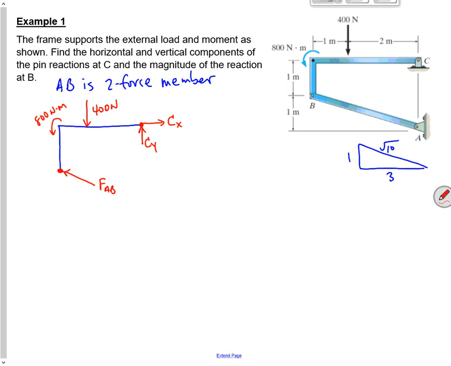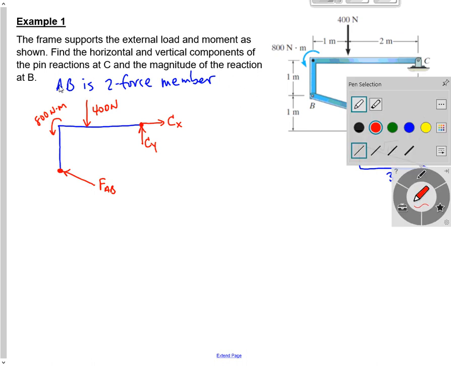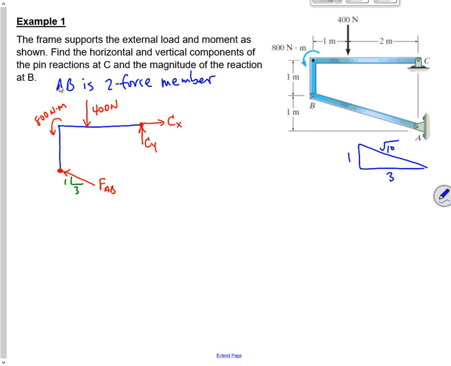So I could put a triangle, this side's 1, this side's 3, to remind me what that triangle looks like. So now what do I do? Now I want to look at my equations of equilibrium. Remember, BC is not moving, so it's in equilibrium.